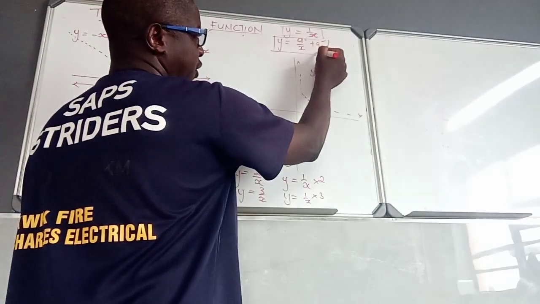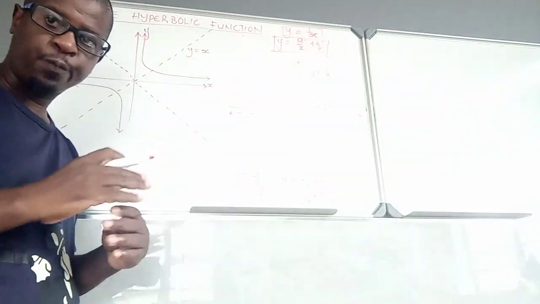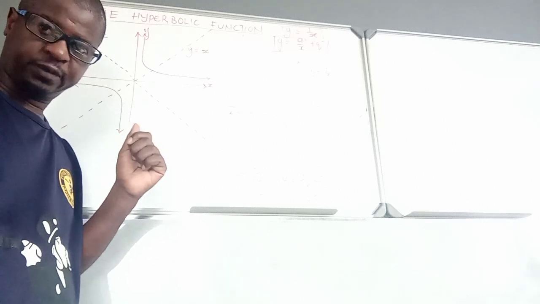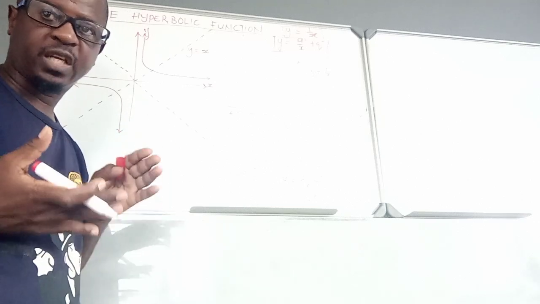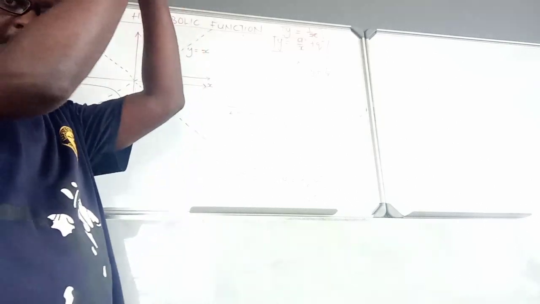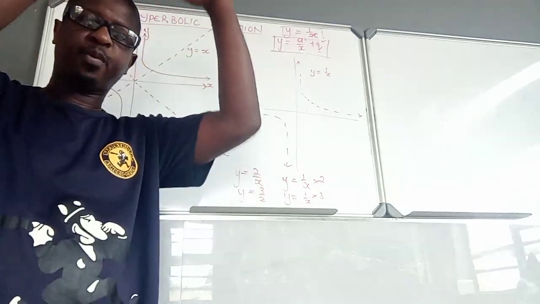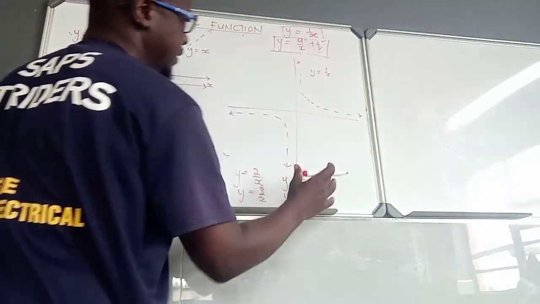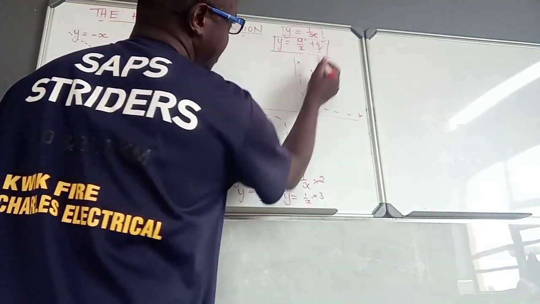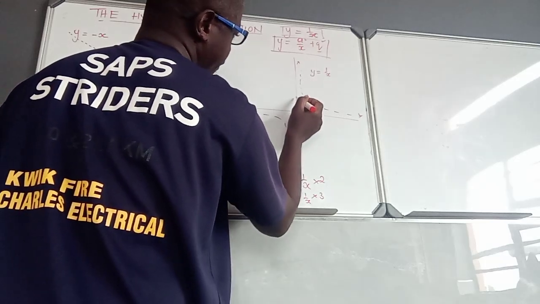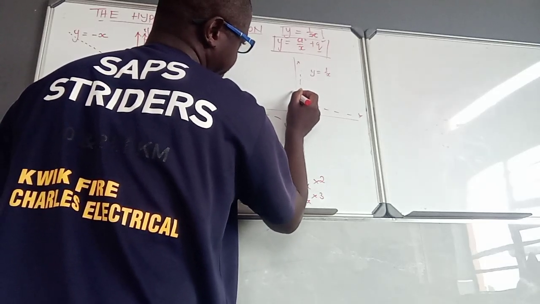And then what does q represent? Q is the vertical shift. The graph can shift q units vertically upwards or q units vertically downwards. Let's say I put my q here.